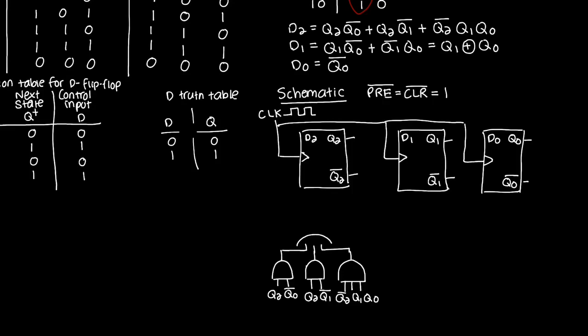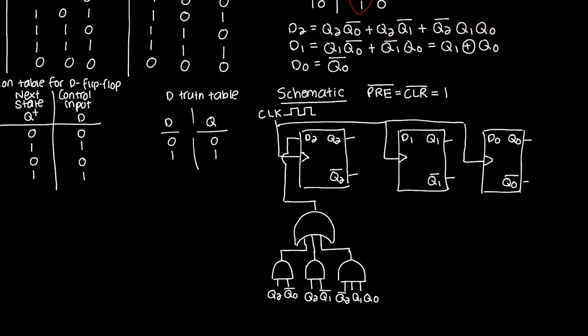They go through a 3 input OR gate, and the output of this 3 input OR gate simply goes to D2. So I just implemented this Boolean expression over here.